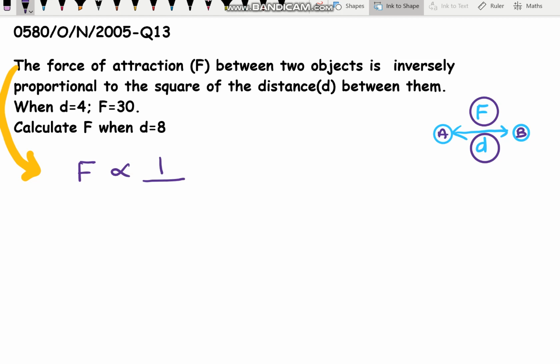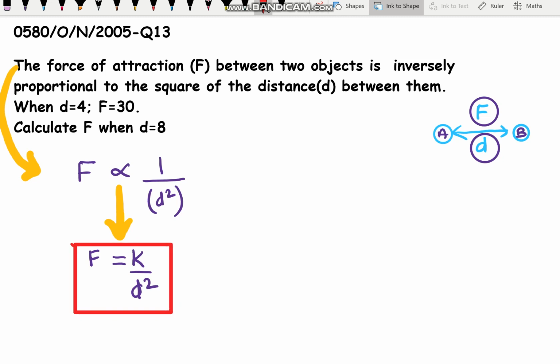So it's not proportional to the distance, but it is inversely proportional to the square of the distance between them. Once again, I'm going to replace this variability sign by equal to k. So I get F equals k divided by d square. So this is my equation. I'm going to use this as my standard equation for the entire sum.